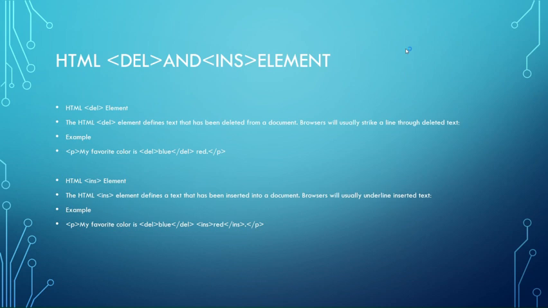And we have one more element, which is HTML ins element. The HTML ins element defines a text that has been inserted into a document. Browsers will usually underline inserted text. For example, my favorite color is del blue, del ins red ins. Okay, so let us check it.